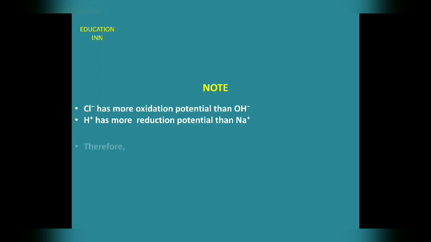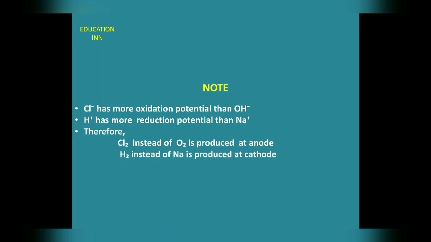Therefore, hydrogen goes to the cathode and accepts electrons. Therefore, chlorine gas instead of oxygen gas is produced at the anode, and hydrogen gas instead of sodium is produced at the cathode. This is the basic process involved in manufacturing of sodium hydroxide.